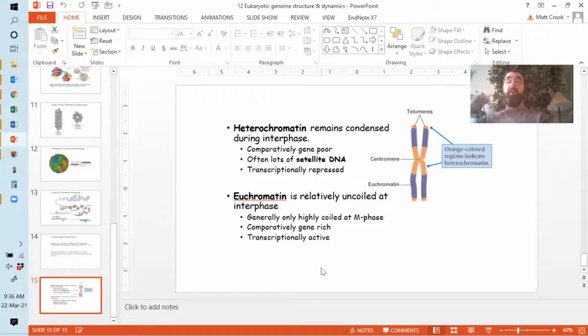And so this is in many ways, and we'll come back to this when we look at control of gene expression, a very high order way of controlling gene expression. So this is only shut down, the euchromatin is only shut down during cell division. And we'll get to why that is later.